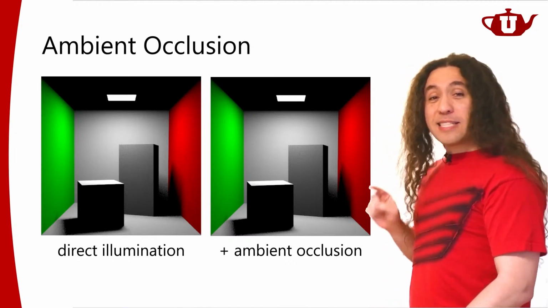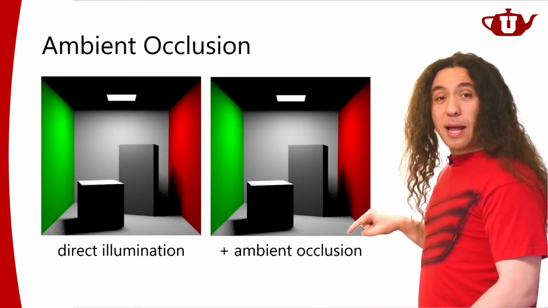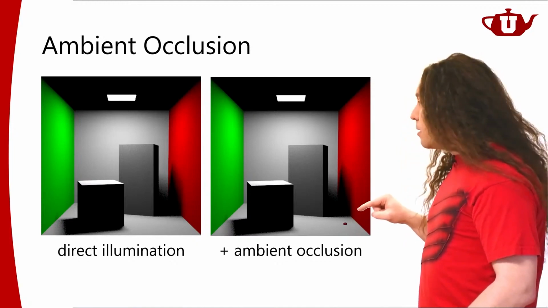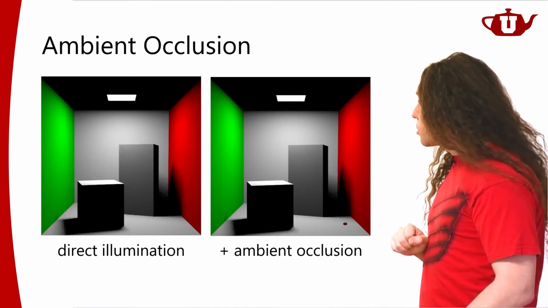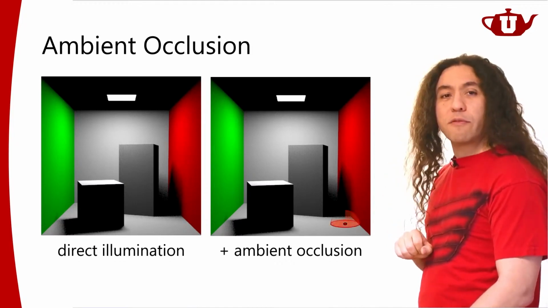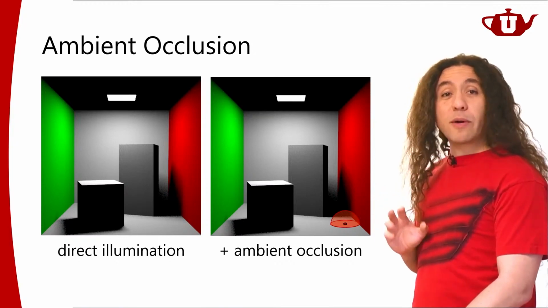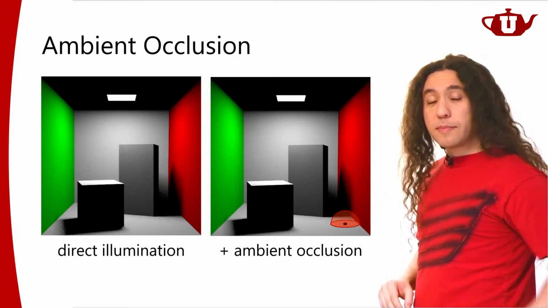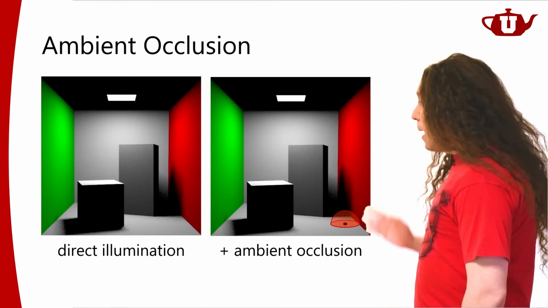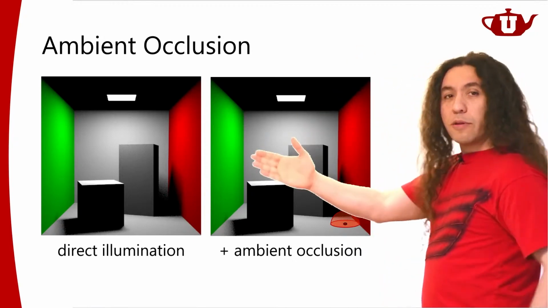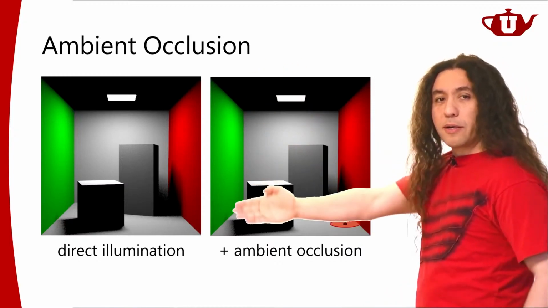All right, let's pick a point in the scene. Let's say I'm picking this point. Now what do we do for computing ambient occlusion? I'm going to look at all directions over the hemisphere, and I'm going to decide whether or not they're occluded. Now, imagine that this Cornell box scene has a wall in front of it that's covering the front part.